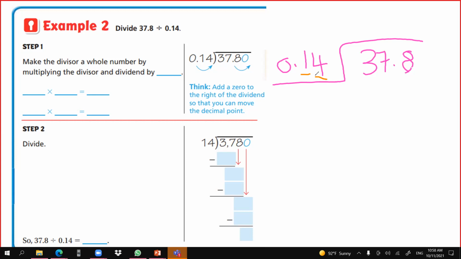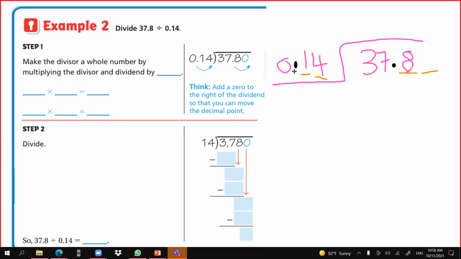And if I move it 2 digits here, I need to move it 2 digits here too.